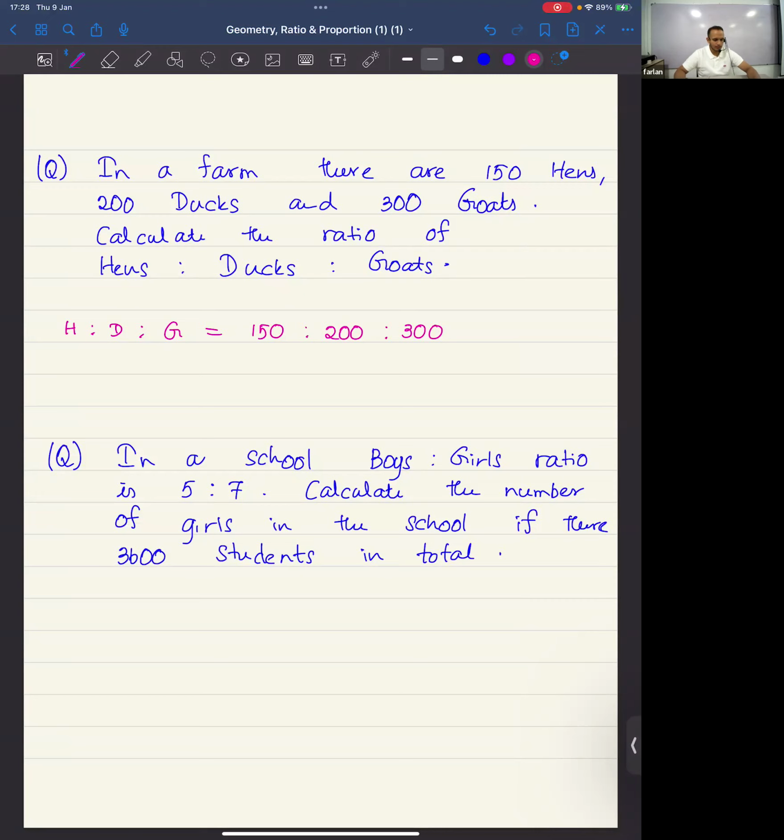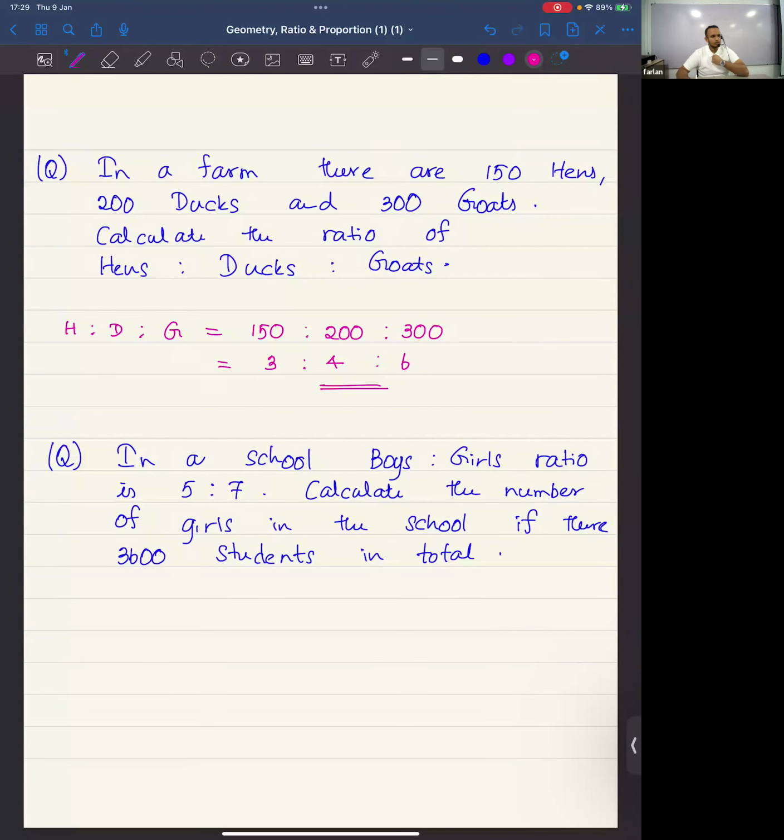By what? Divide by 50. 150 divided by 50 is 3. 200 divided by 50 is 4. 300 divided by 50 is 6. 3 is to 4 is to 6. Yes? What is the answer? The next one.